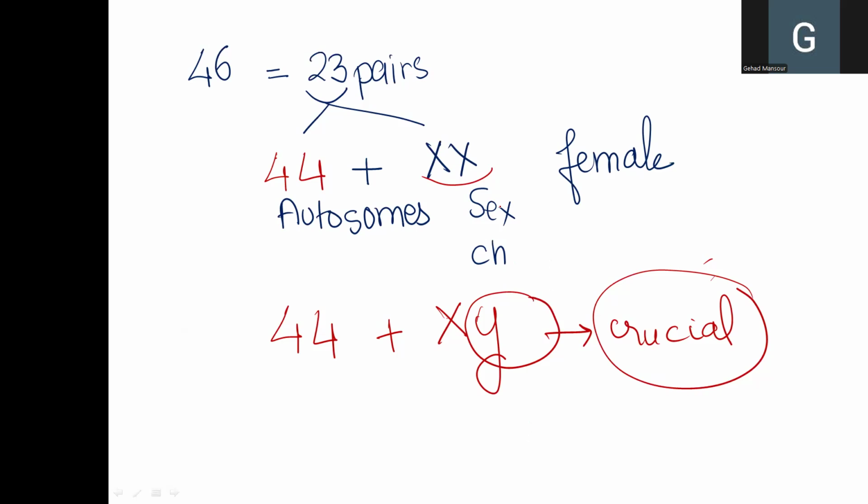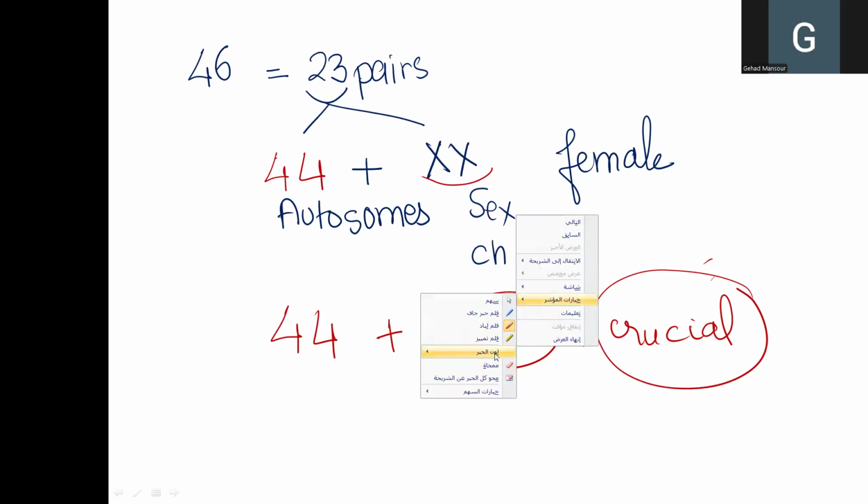So if we do a genetic diagram to determine the possibility of sex in the marriage between a male and a female: if the female sex chromosomal structure is 44 plus XX in her somatic cells, then the gametes will be haploid and contain half the number of autosomes, which is 22, and half the number of sex chromosomes.